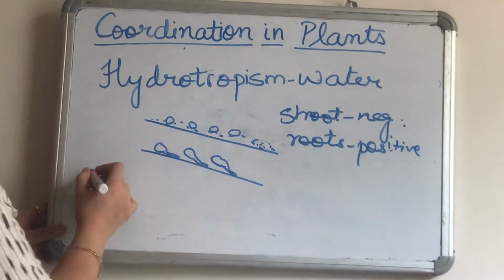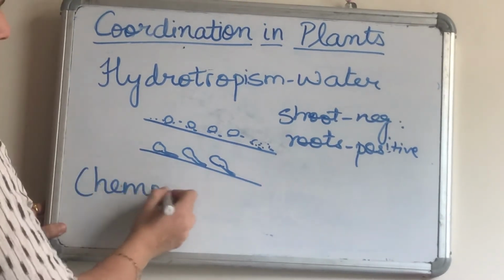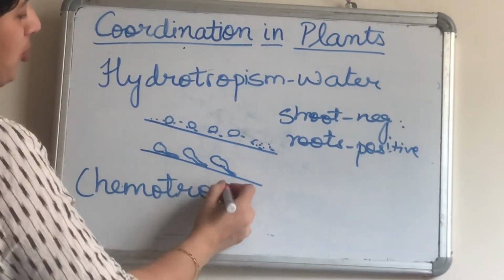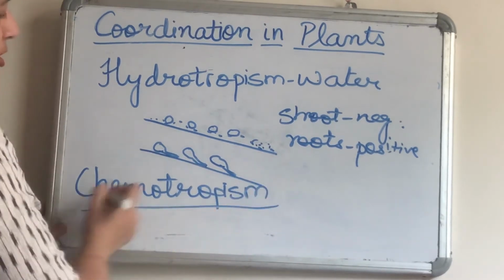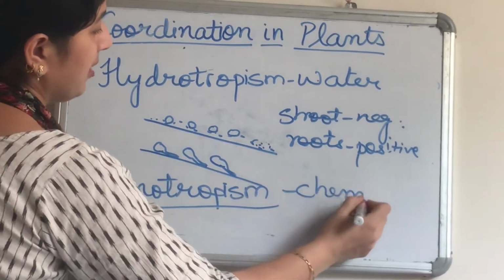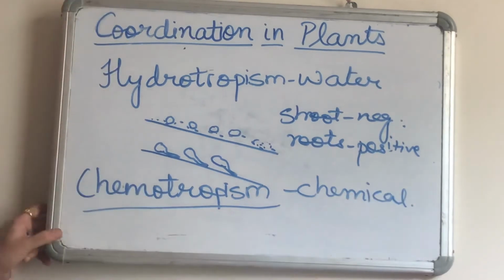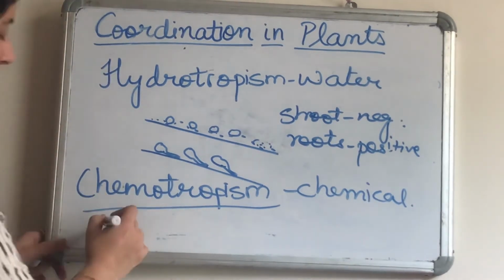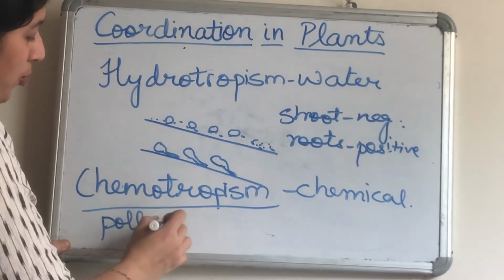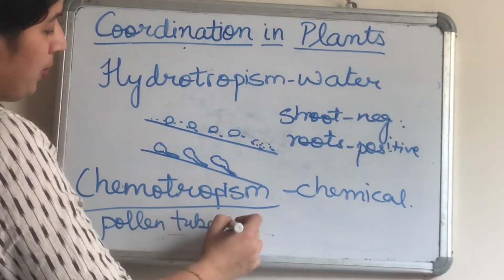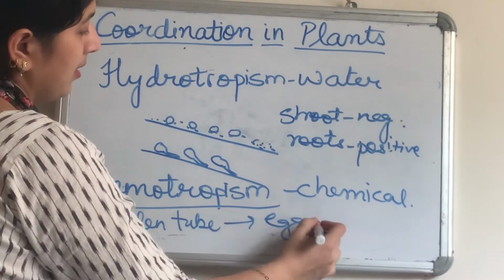Next growth related movement is chemotropism. In chemotropism, the response of the plant is due to a certain chemical. And the example of chemotropism is that the pollen tube will always grow toward the egg cell.